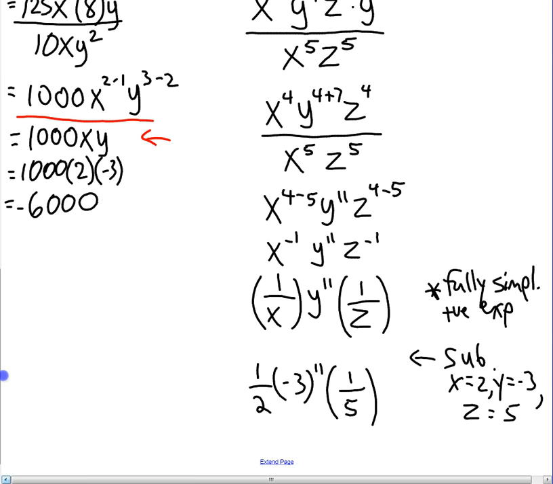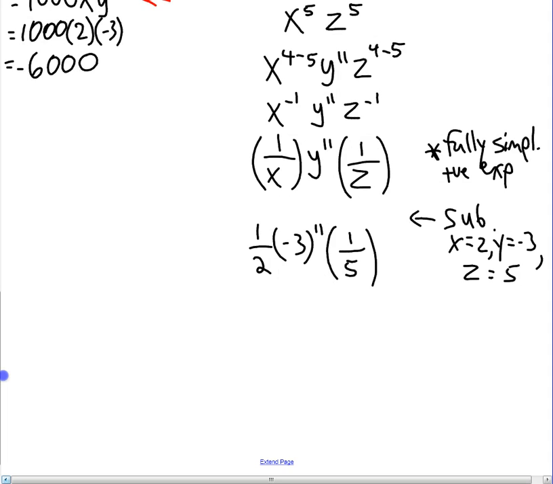So we have a half times a fifth is a tenth, and negative 3 to the exponent 11. Because the exponent is odd, the answer will be negative, and that's one of those properties of exponents: when you multiply something an even number of times, it'll always be positive. If it's negative and you're multiplying it an odd number of times, the sign stays negative.